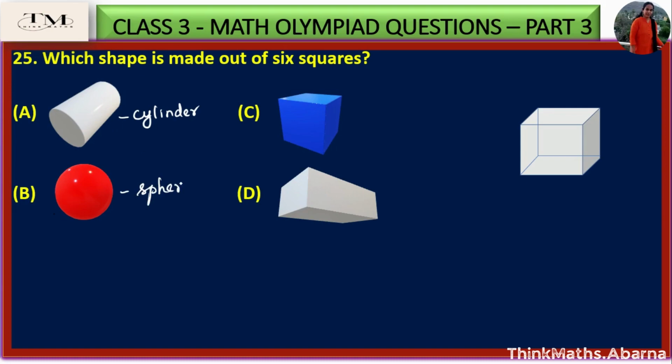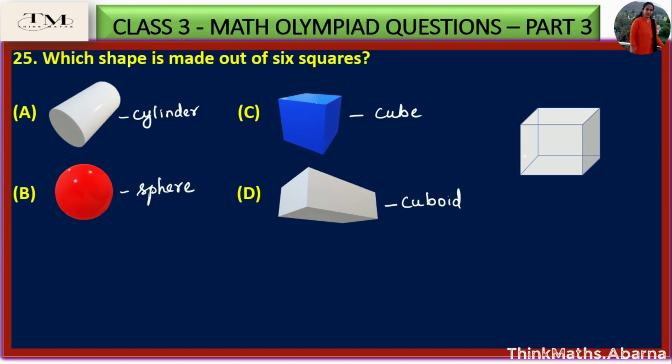It is the shape of your ball. In sphere, we don't have squares. This is cube. In cube, we have squares. What about this one? This is cuboid. In cuboid, we have rectangles and squares. We need 6 squares. So let us check the cube.